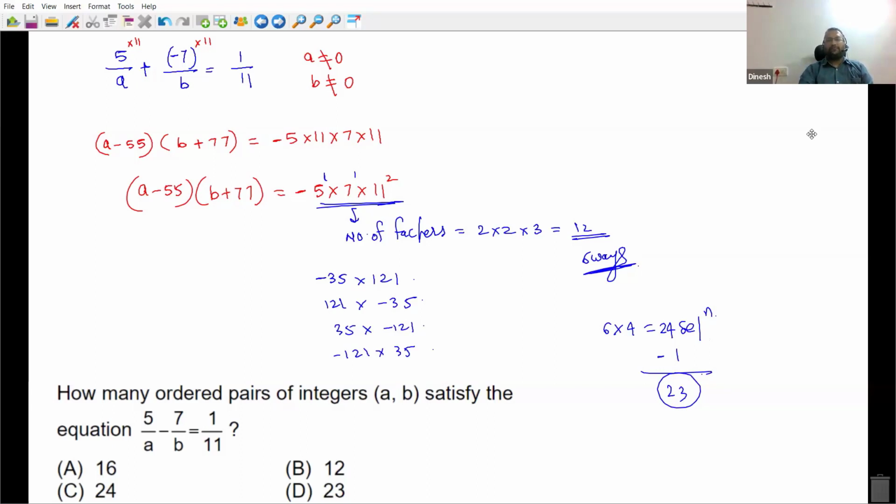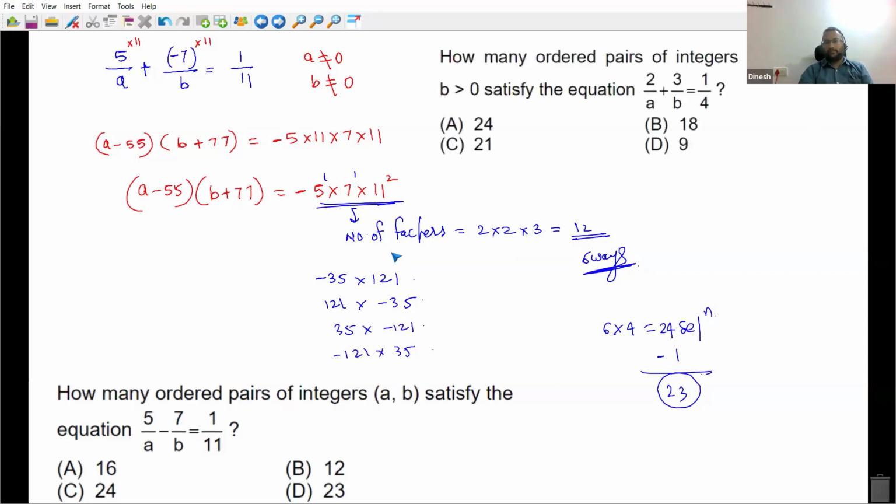Now, in these type of questions, there are going to be few variations. Let's have a look at this one. Yes, Harshita, what happened? Tell me. Well, if the RHS is not a square, still we'll be having a solution which is 0 and 0. So for example, this minus 5 into 7 into 11 square is not a square.